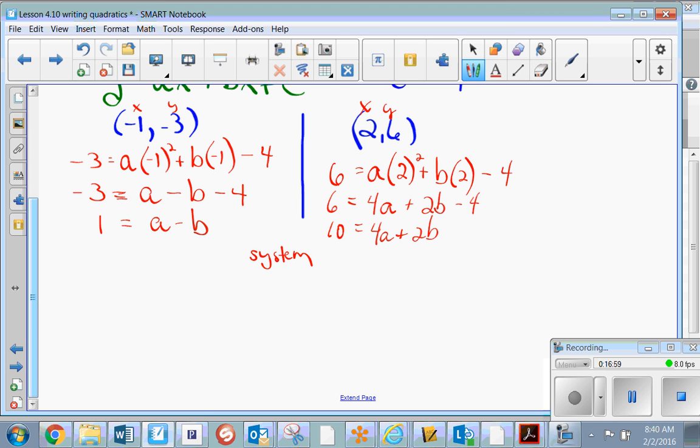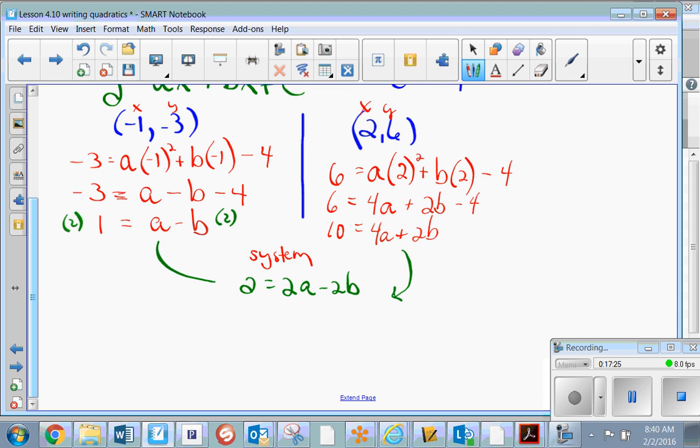I'll be wanting to eliminate. So how about we multiply this whole thing by 2 so we can get it to be -2b? You all right with that? So I'm going to multiply this by a 2 on both sides and bring it down. So that's going to be 2 equals 2a minus 2b.